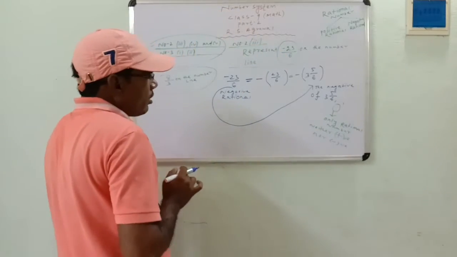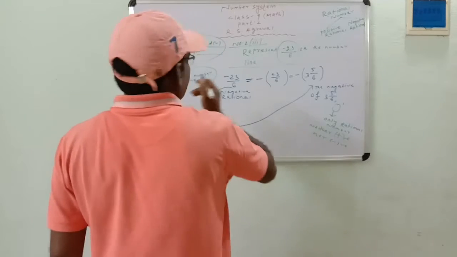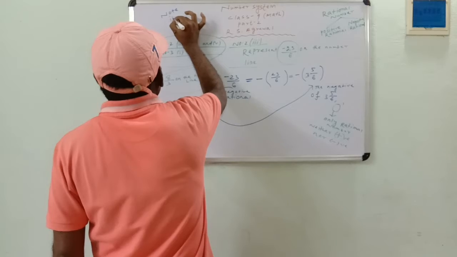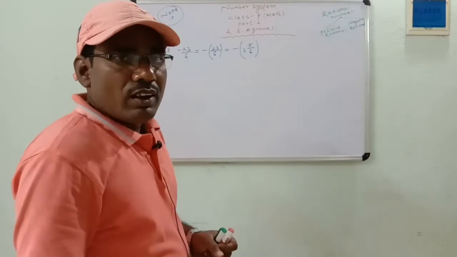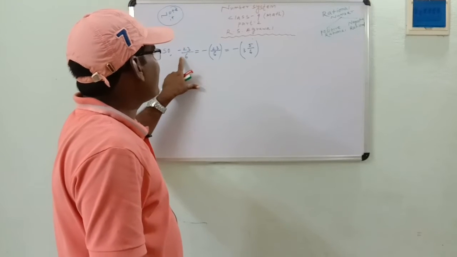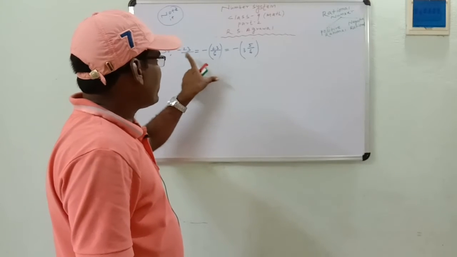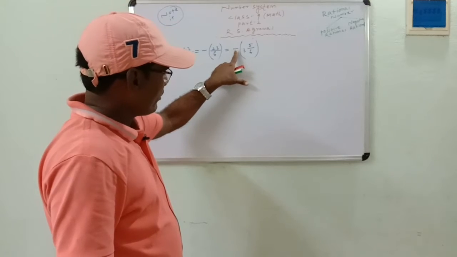Then what will you do next? First note it. So students, you see that minus 23 by 6 is the negative of an improper fraction. The negative sign will remain the same, we will keep the negative sign.